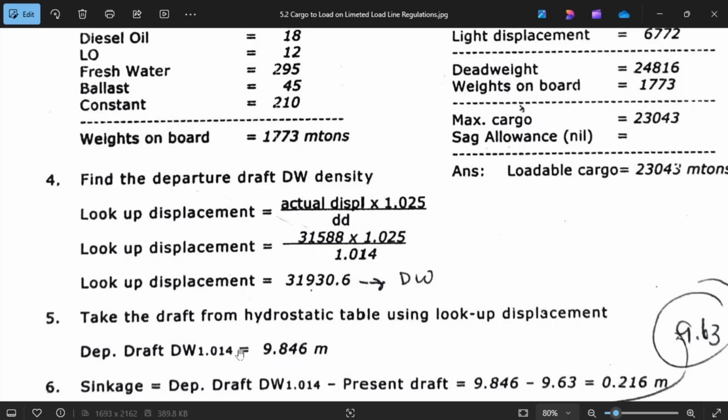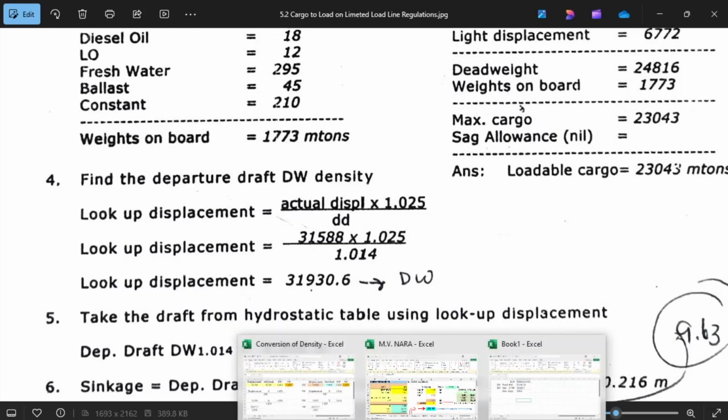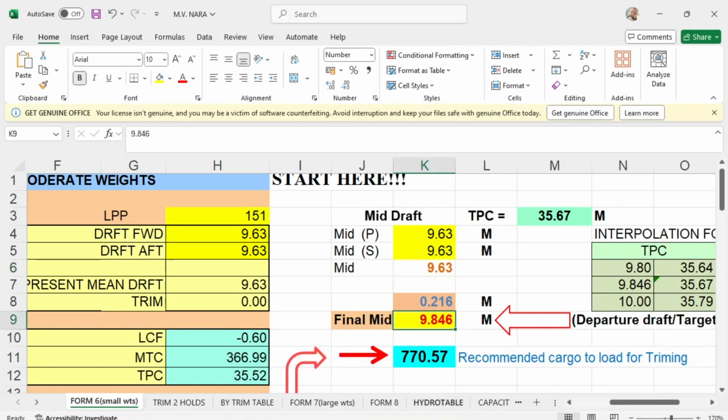9.846, floating in dock water of 1.014. So 9.846. Okay, 9.846. So this will be your sinkage.